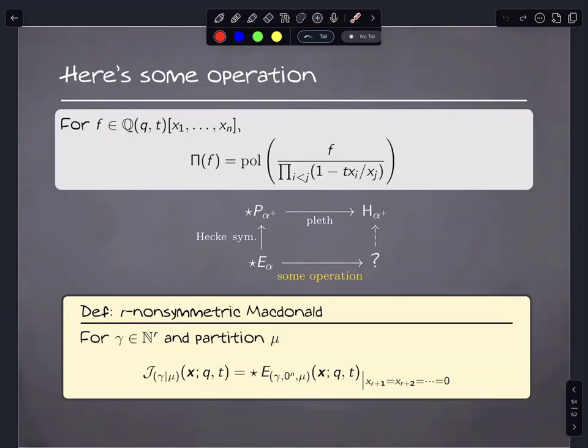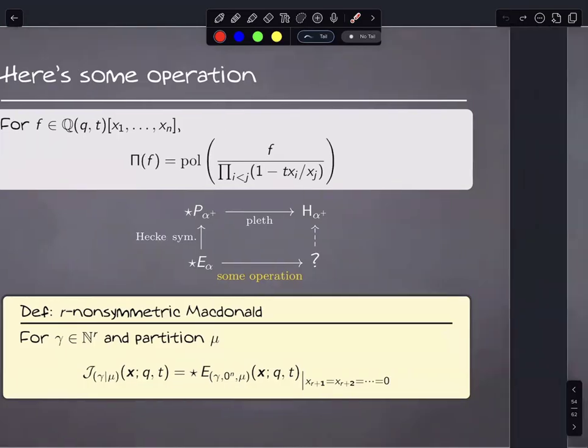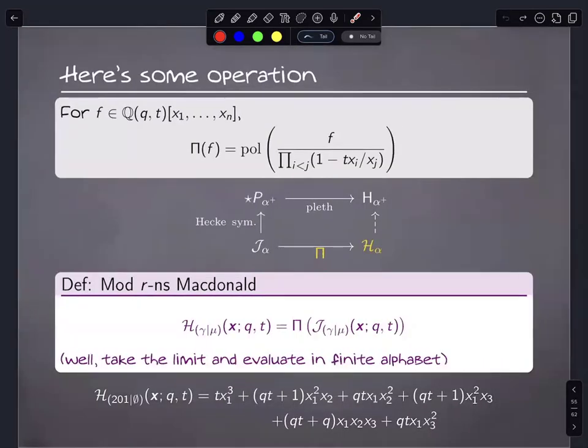And when you take those Macdonald polynomials and apply our operator, I computed an example at the bottom, and you start to see something really pretty: positive sums of monomials with q's and t's. So that's highly suggestive that this could be the right operator.